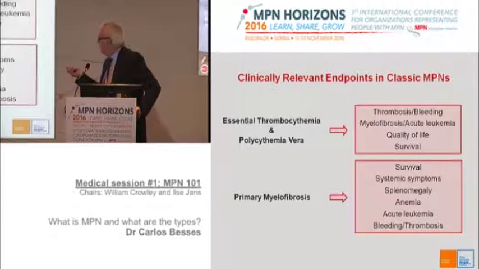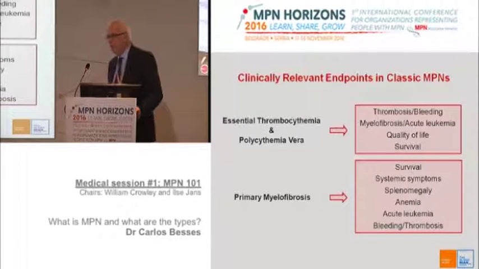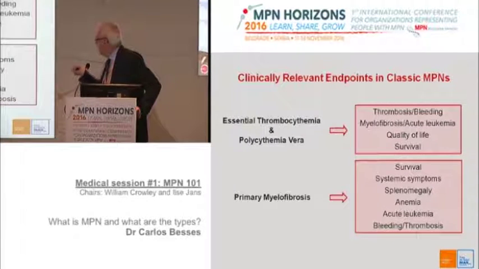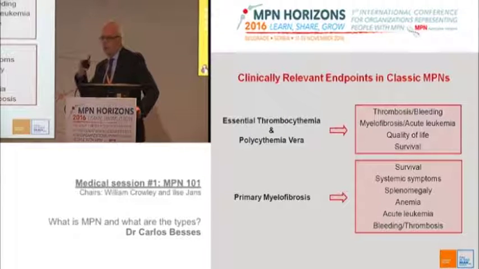In ET and PV, vascular complications are the main clinical endpoint, thrombosis and or bleeding. The evolution of myelofibrosis, quality of life, of course, is very important, and survival is, in my opinion, the least important point in PV and ET, because they are long life diseases with a very long life expectancy.